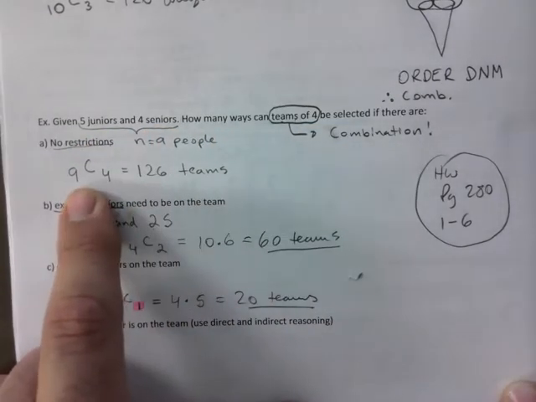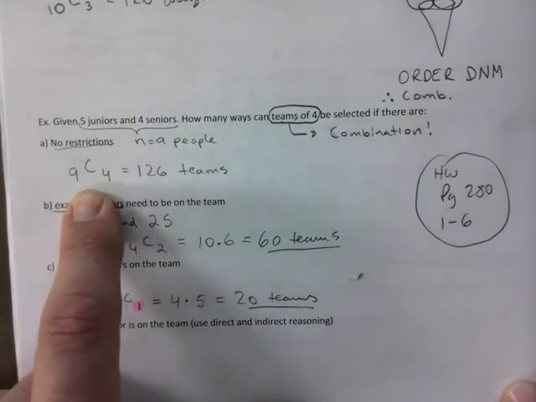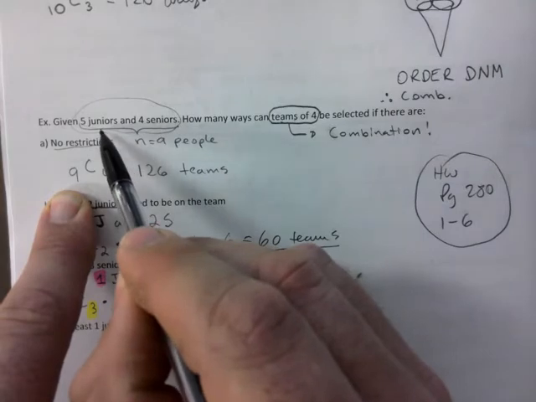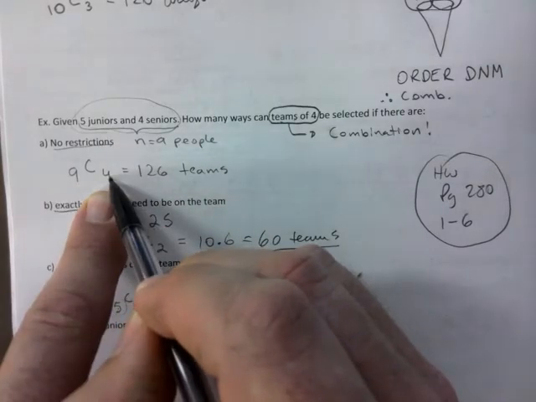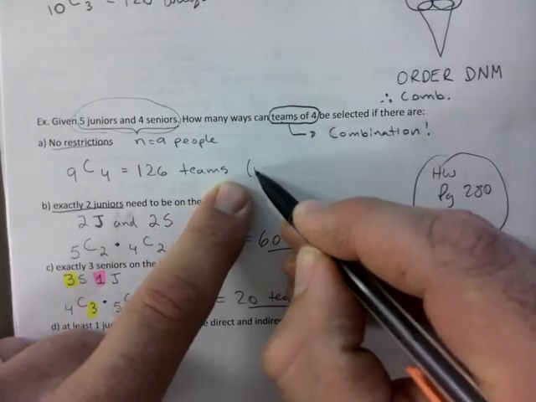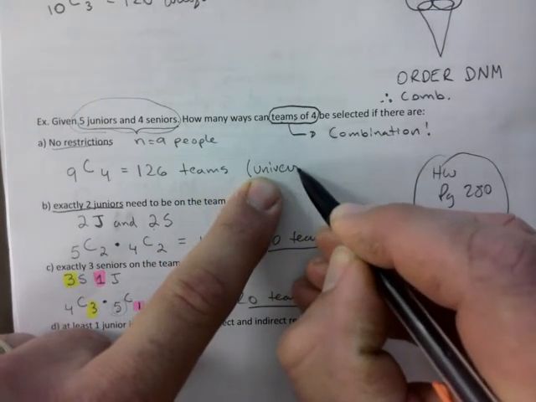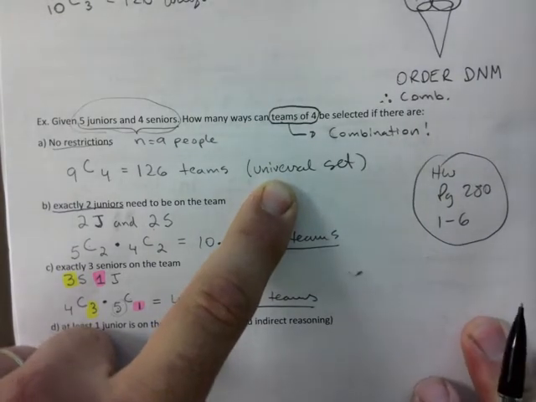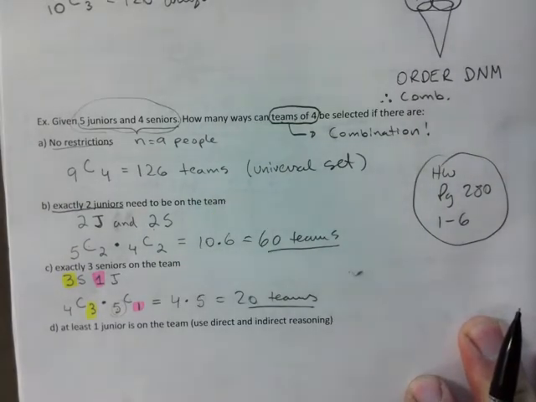When you had no restrictions, you would just take the 9 available individuals and make teams of 4, so 126. So this is basically the universal set, guys. Do you remember the universal set? It's all possible arrangements that can be made in this case.